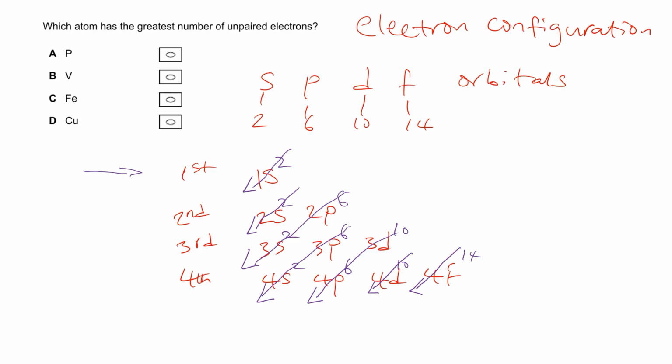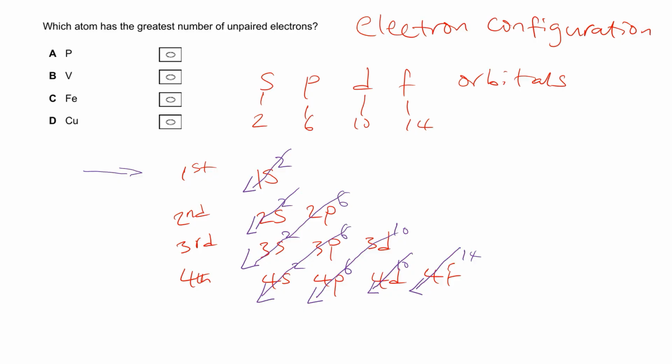So if you want to fill your electrons, you fill them in this way, by levels of energy. Now let us write the electron configuration of these elements here. Then from there we can find out which of them has the greatest number of unpaired electrons.